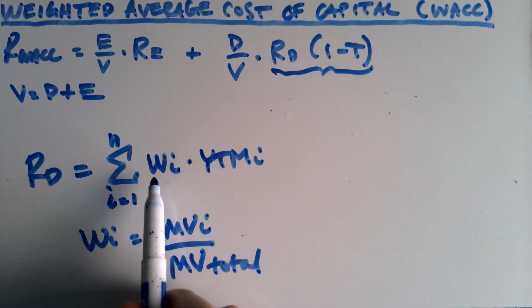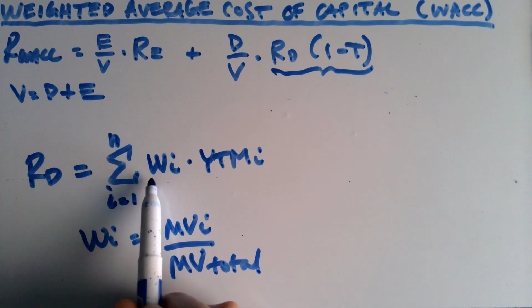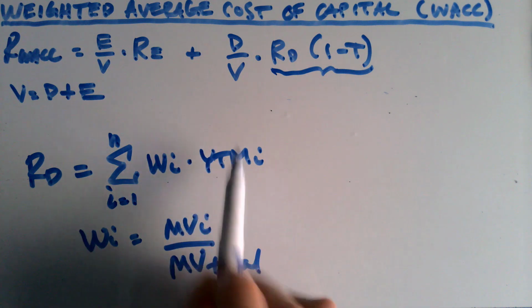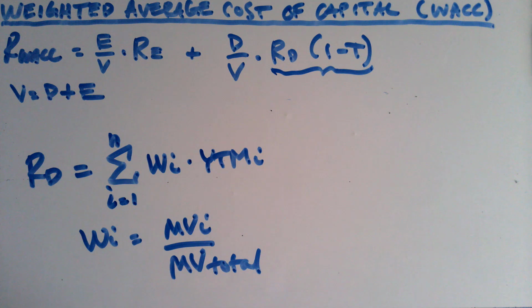And for each one of these, once again, remember the weights always have to add to 1. So I'm going to calculate those weights, and for each of those bond issues, I'll have a yield to maturity, or I will be given the information necessary to calculate a yield to maturity. And so for each one of these, I want to find the product of weight times yield to maturity, and then sum all those together. And that gives us our required return on debt.